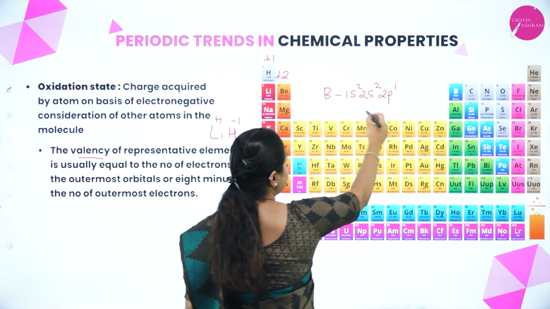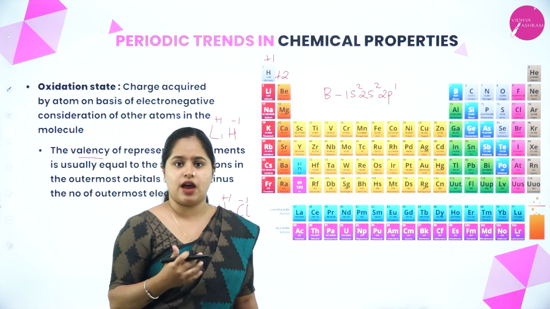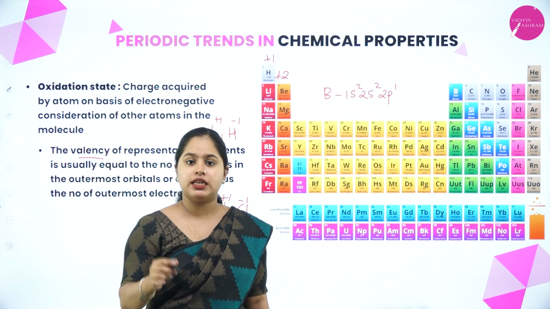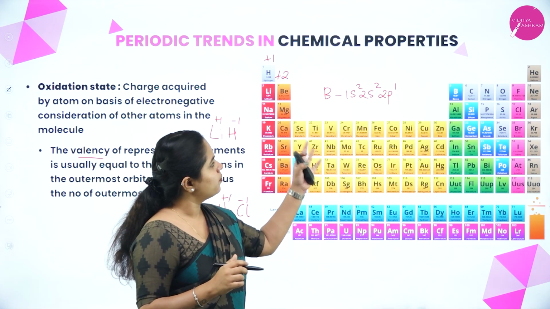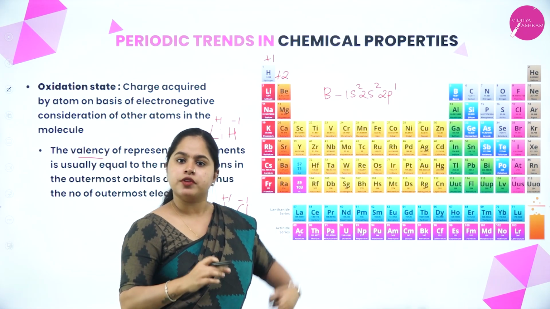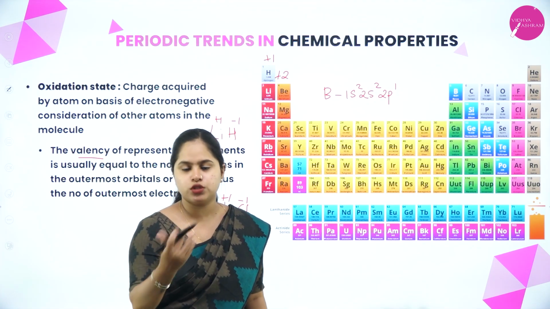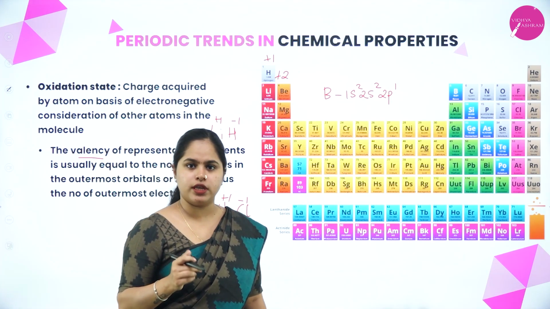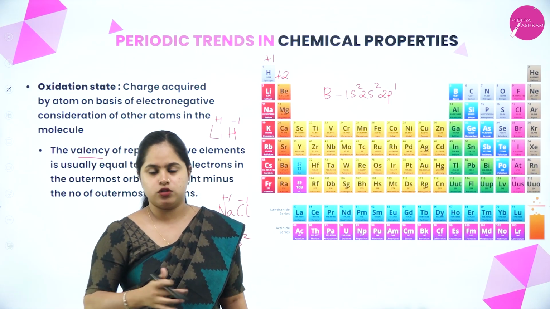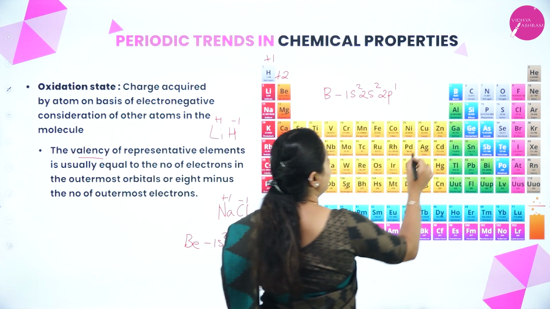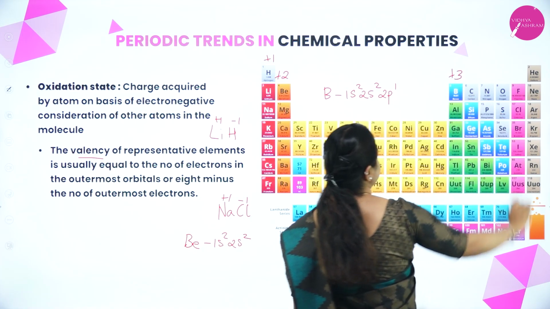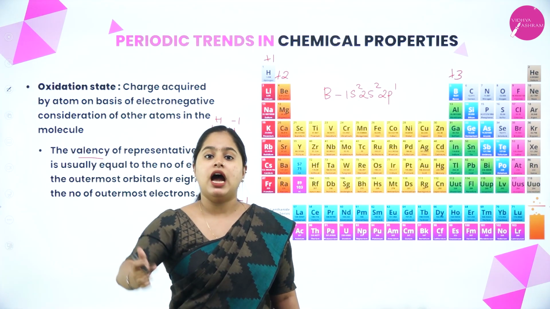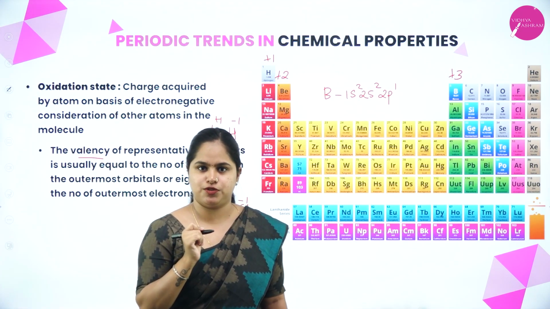To attain octet, it needs 8 electrons, so either it can lose these 3 electrons or gain 5 electrons. What is easy for them? To lose these 3 electrons. Hence, it will be +3. Plus means it is losing electrons, and if it is gaining electrons, a negative charge will be there.